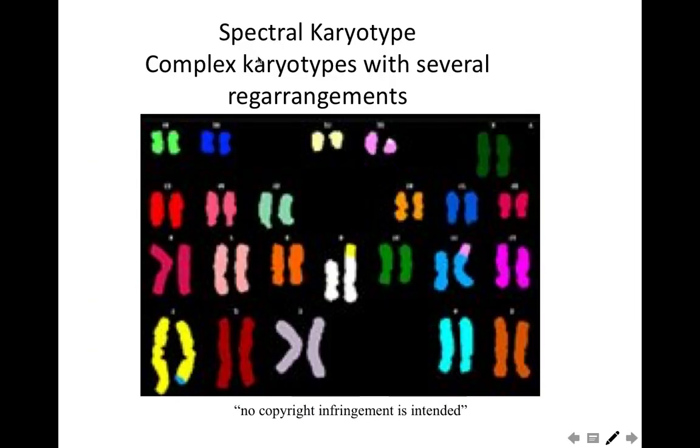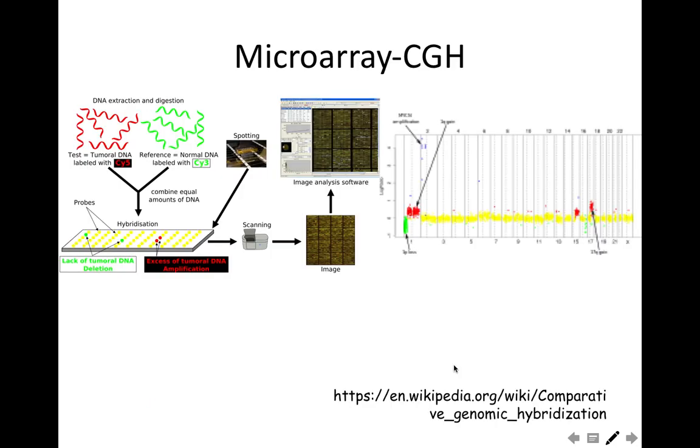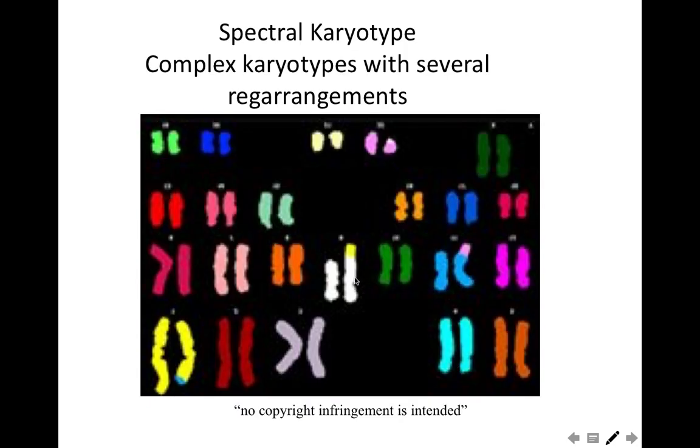This is the spectral karyotype. It's a type of chromosomal painting, but here it's applied to the whole karyotype. It is very useful in showing translocations and structural chromosomal abnormalities, especially if they are multiple and the karyotype will be difficult to interpret. You can see here that there is a translocation between this, and there is a translocation here between the yellow and the white.